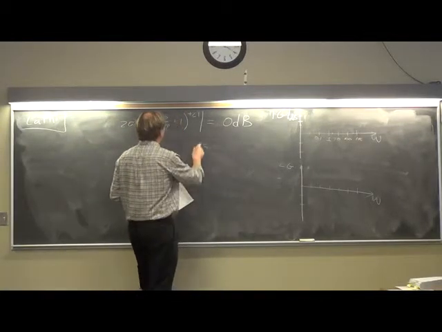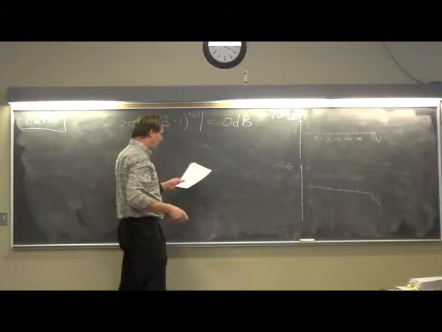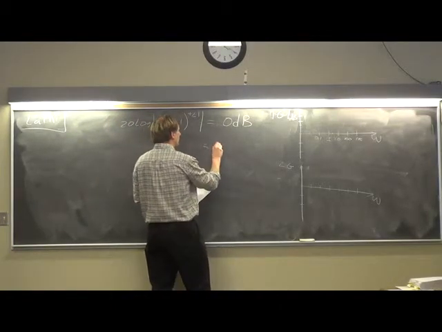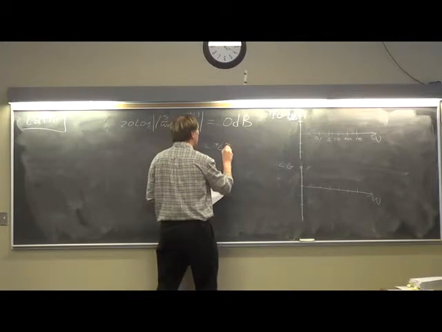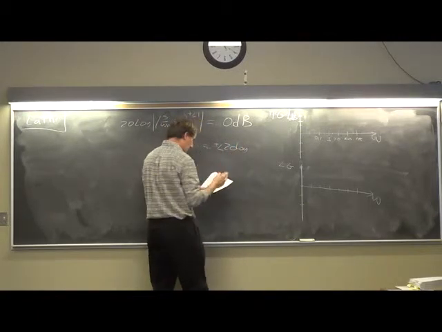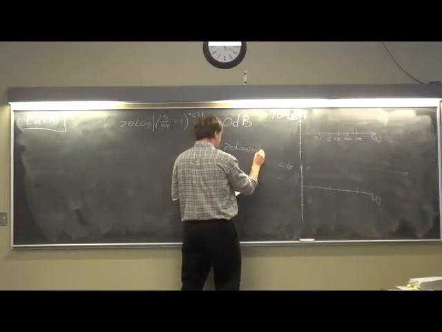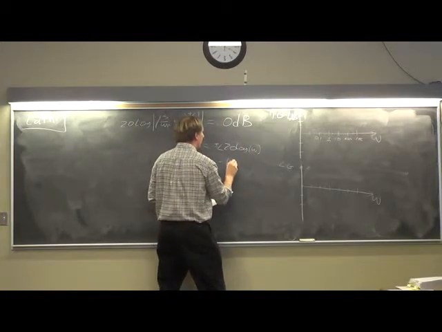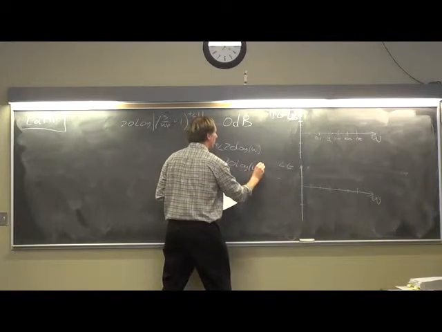So, depending on whether this is plus or minus 1, you're going to get plus or minus 20 times the log of omega minus 20 times the log of omega p.